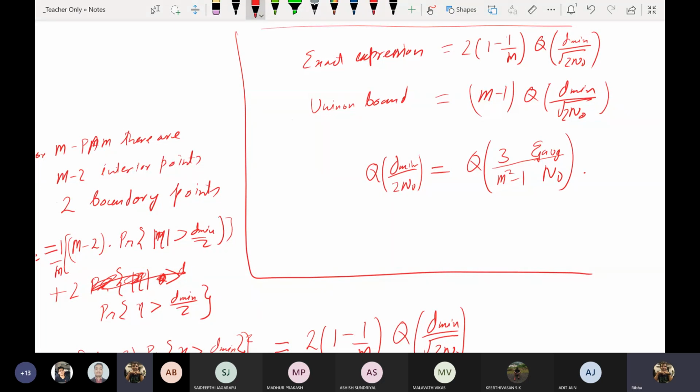Basically, this is a measure of the SNR, the signal to noise ratio. So now you see the union bound is not exactly problematic, but our intention is that we cannot blindly trust the union bound.